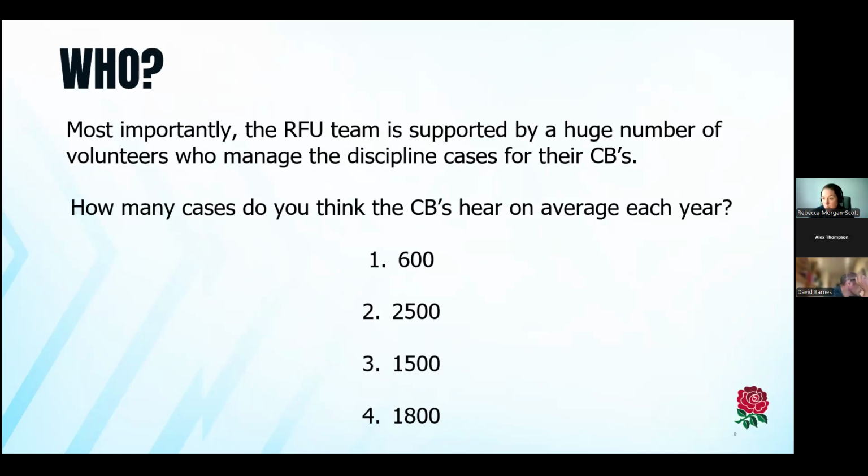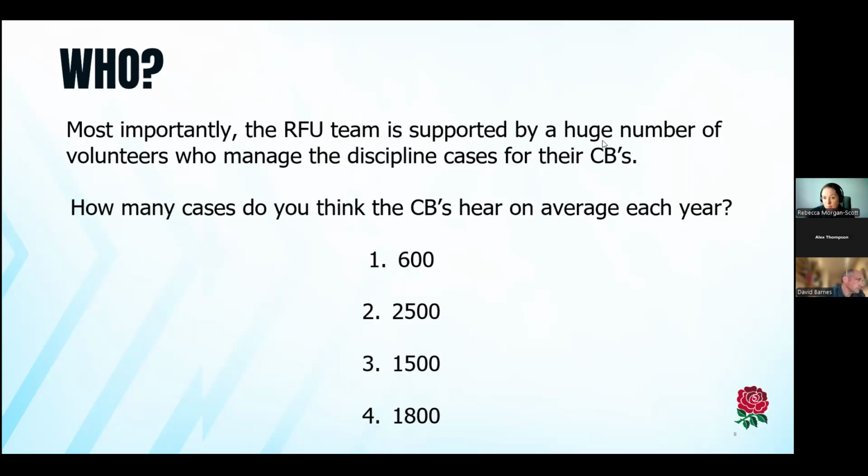So in terms of the CBs, they obviously deal with the cases level 5 and below in the community game. So if you just want to have a guess in the chat, how many cases you think on average each year all of the CBs deal with. So there's a couple of options there: 600, 2,500, 1,500, or 1,800 on average.